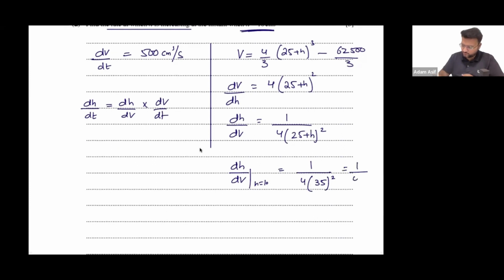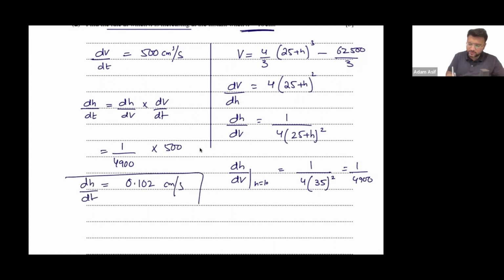This is 1 upon 4900, times dV by dt. So I get positive 0.102 centimeter per second. That is my rate dH by dt.